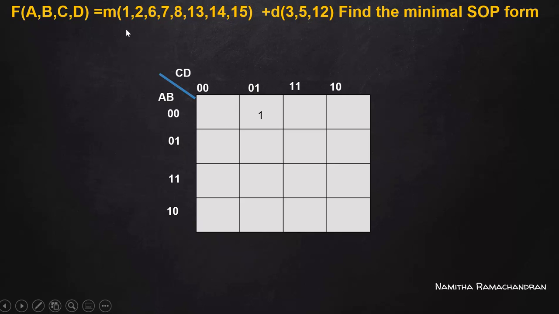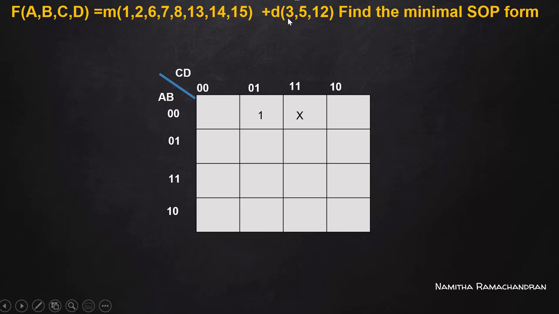The first minterm is 1, so mark 1 here. This is 0 0 0 1, which is the binary of 1. Next, this particular cell is 0 0 1 1, that is 3.